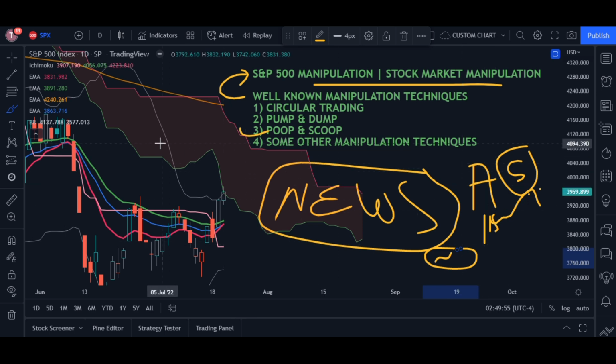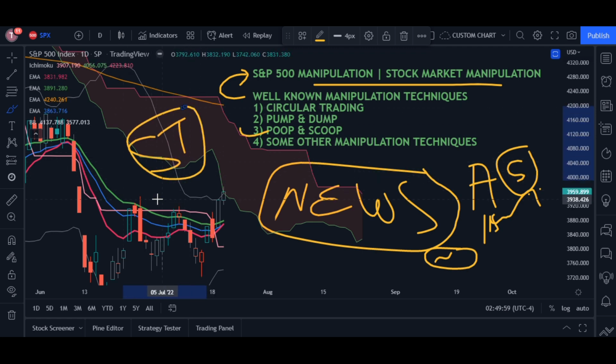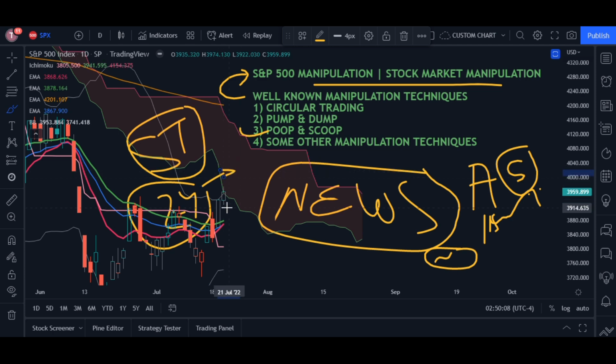This is all what happens back in the studio. There are 2 to 4 people, and they decide what information to be sent to the market. They get this information from someone who wants to drive the market.